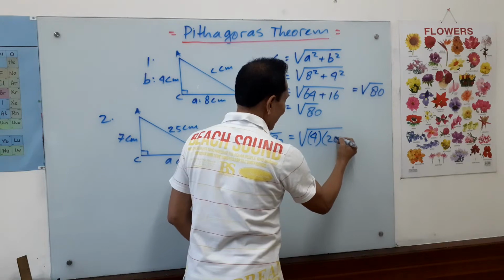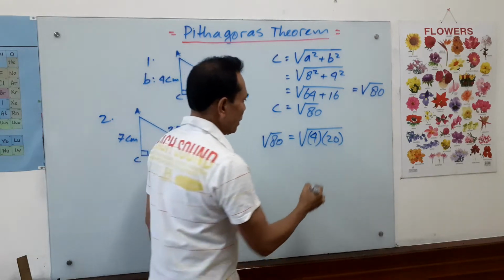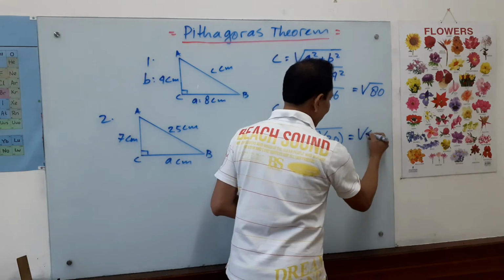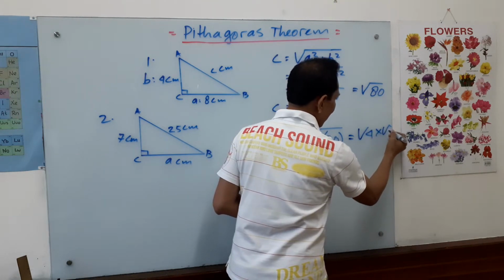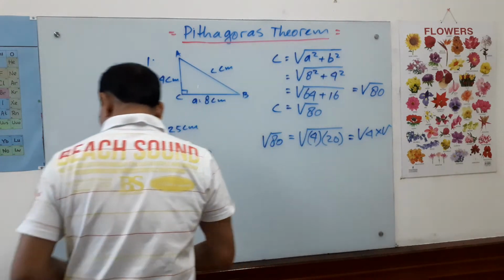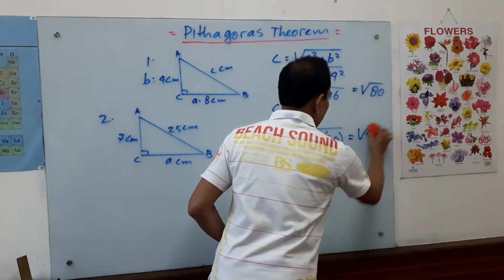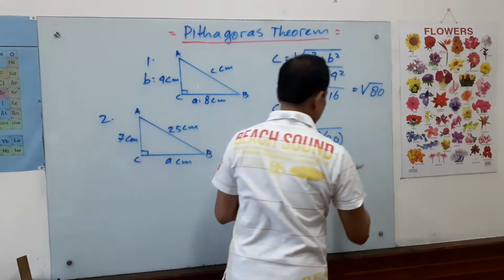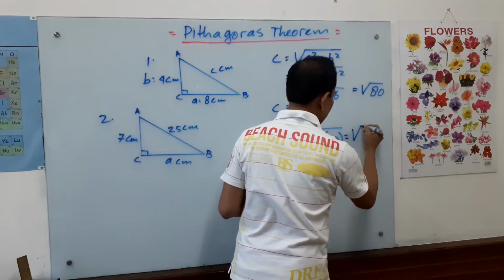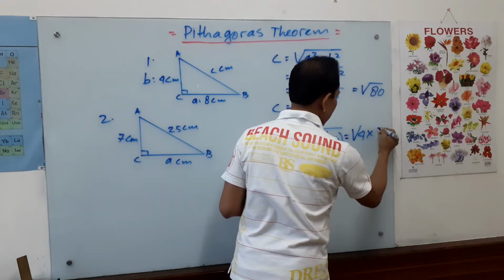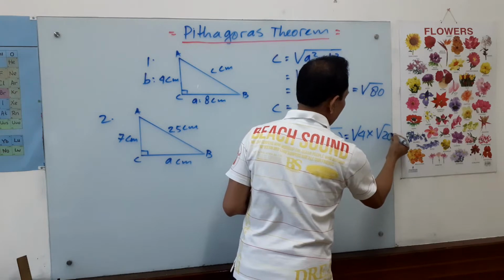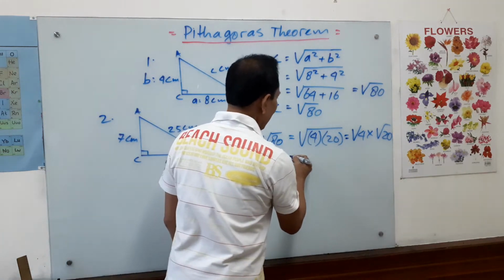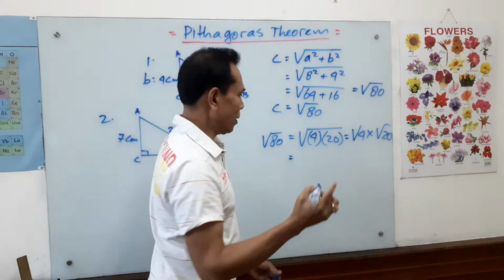We take them out to stand independently: square root 4 times square root 20. Now we know square root 4 is a perfect square, so it's 2.